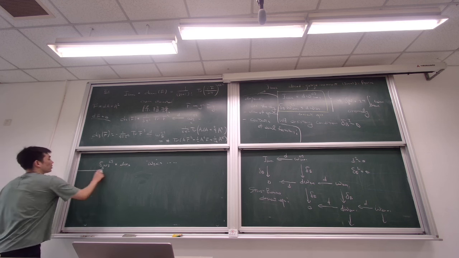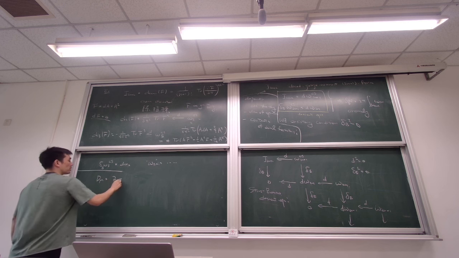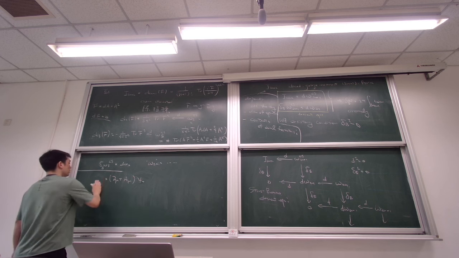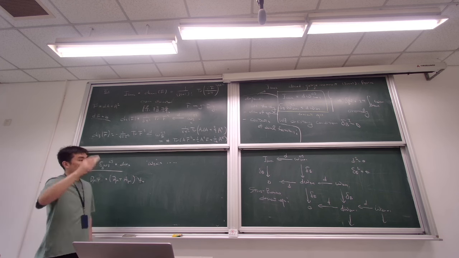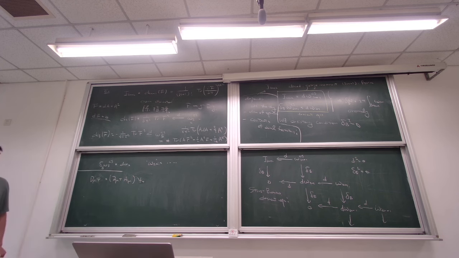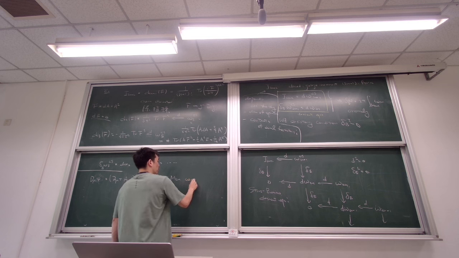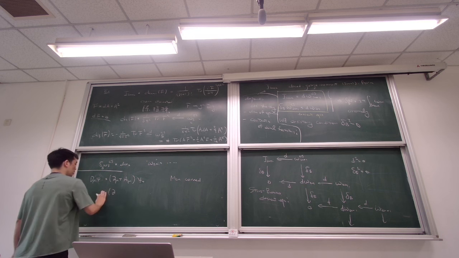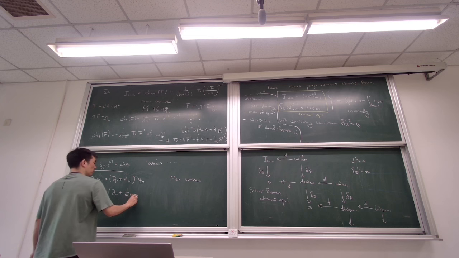So far we only talked about D mu as something like partial mu plus A mu acting on psi, the chiral fermion, as if A mu is a connection of the bundle or like a gauge field. But if M 2n is a curved manifold with curvature, this will be modified into the following form.